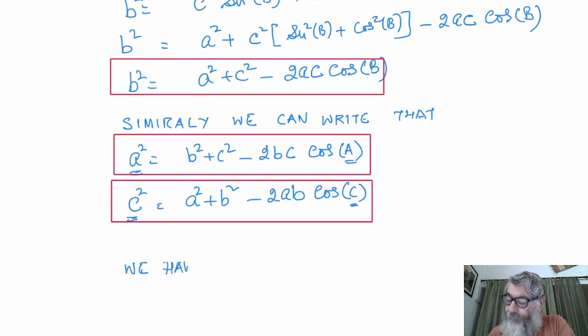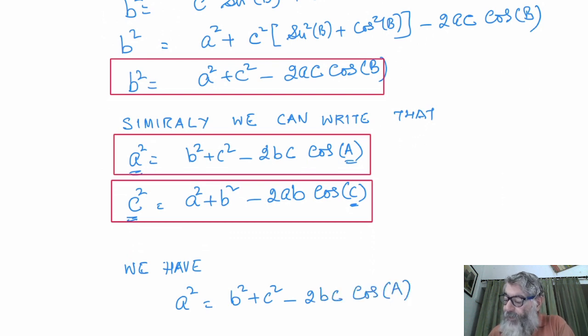We have A square is equal to B square plus C square minus 2BC cos A. Now I can bring this to the left: 2BC cos A is B square plus C square minus A square, or cos A is equal to B square plus C square minus A square upon 2BC.